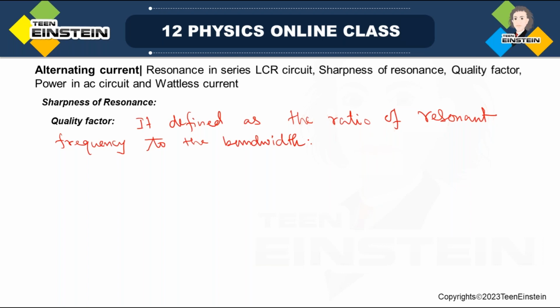So it is mathematically defined as Q equals the resonant frequency omega r over the bandwidth, which is omega 2 minus omega 1, or omega r by 2 delta omega.